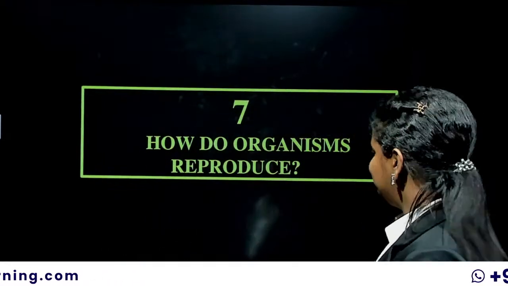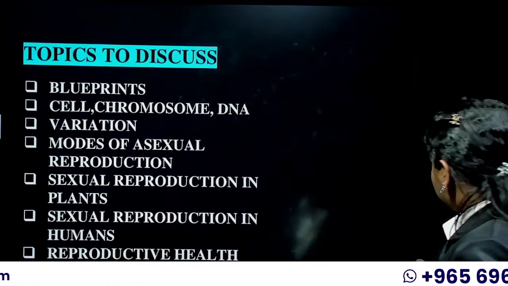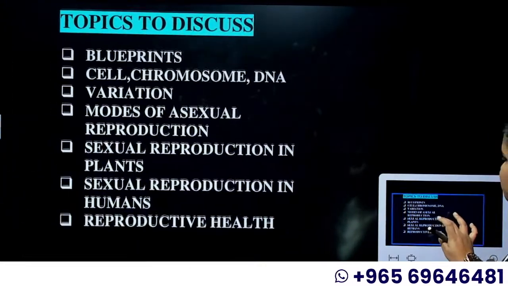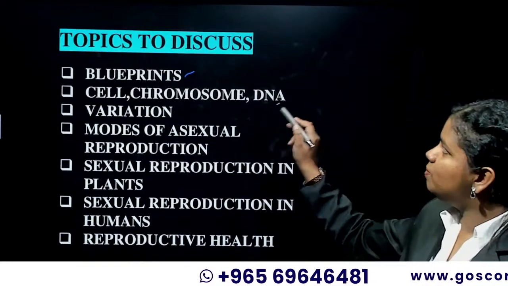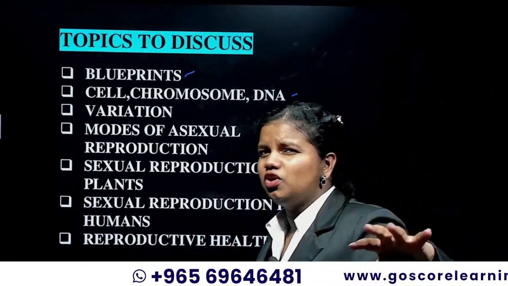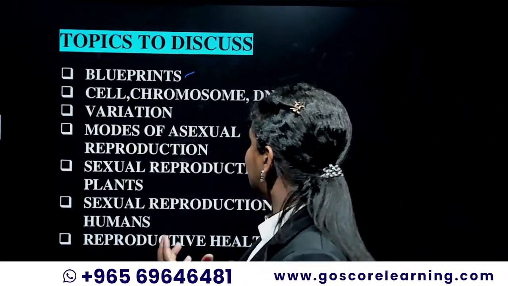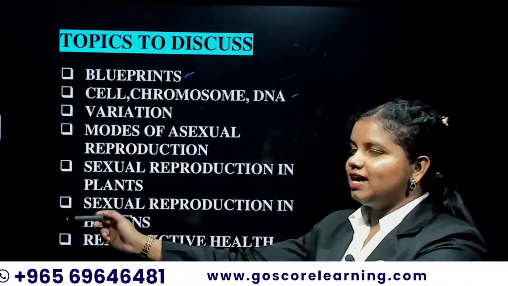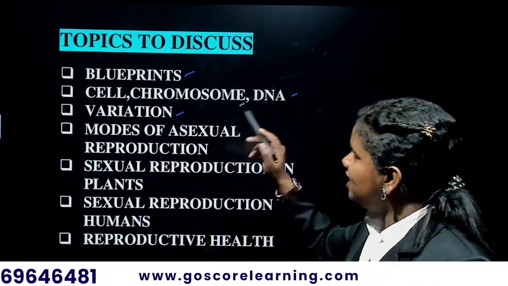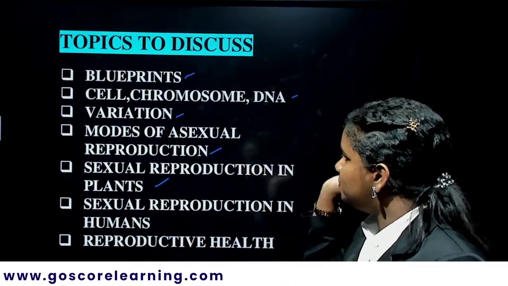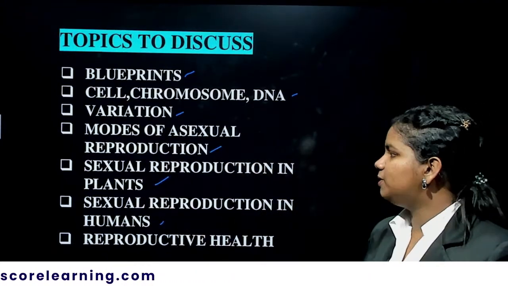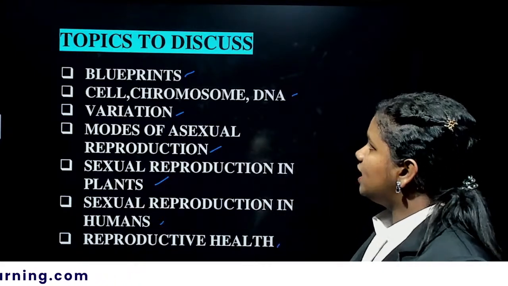Okay. So in this chapter, the major content we have to discuss are blueprints, cell, chromosome, DNA. I hope you already know about the differences between cell, chromosome, DNA by this time, and variation, modes of asexual reproduction, sexual reproduction in plants, sexual reproduction in humans, and reproductive health.